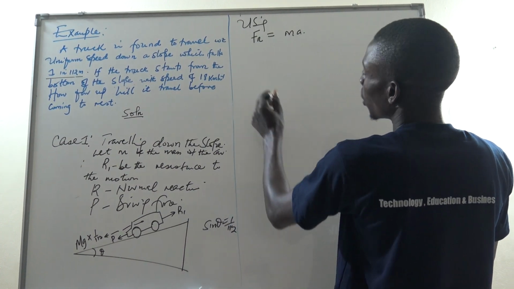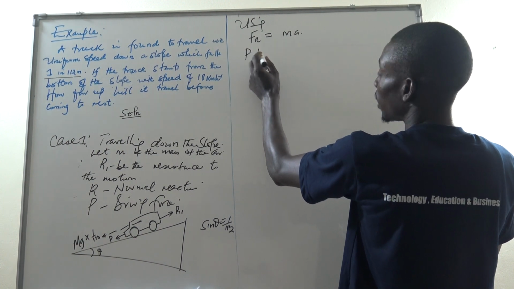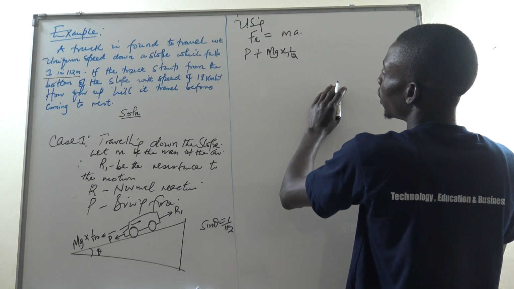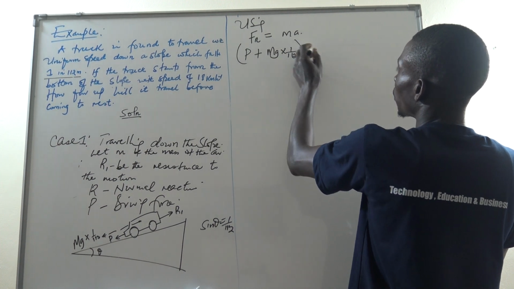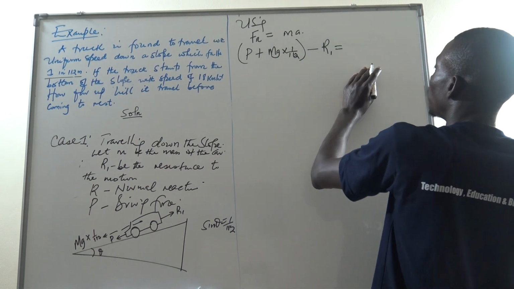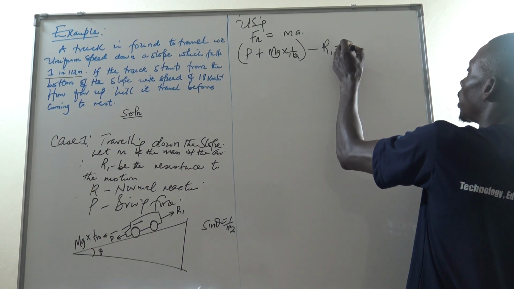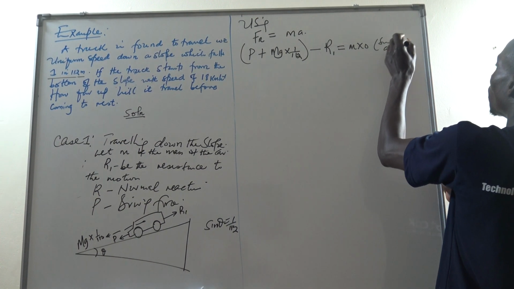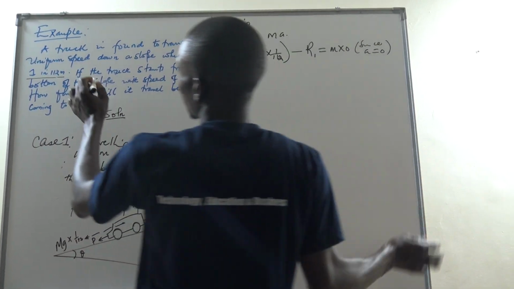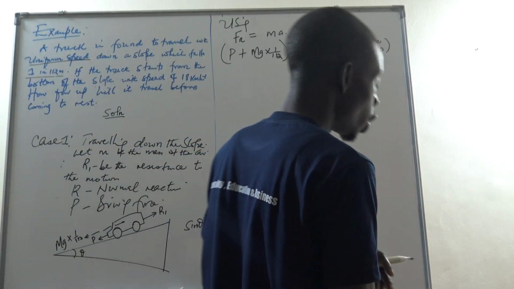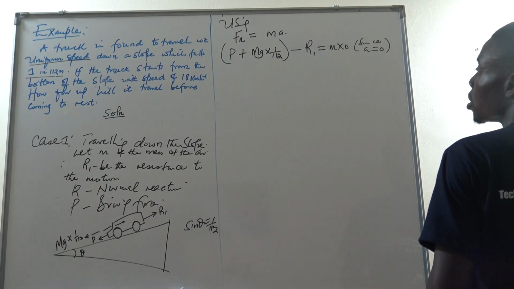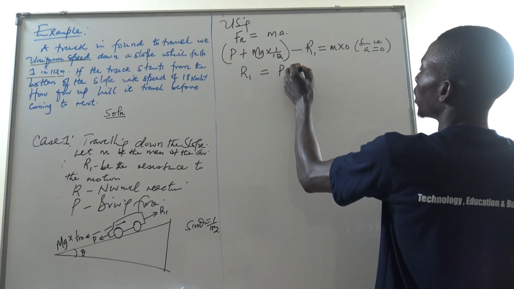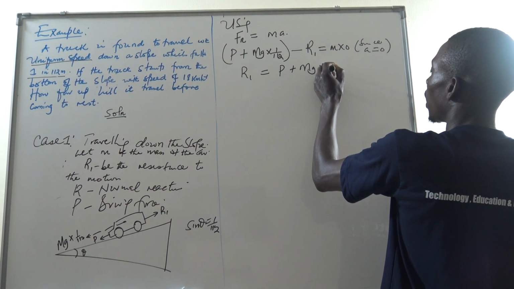Force in the direction of motion is P plus mg times 1 out of 112, minus force opposing motion R1, equals m times 0, since acceleration is 0. Why is acceleration 0? Because we are looking at uniform speed. It was traveling down at a uniform speed. And then R1 equals P plus mg times 1 out of 112.